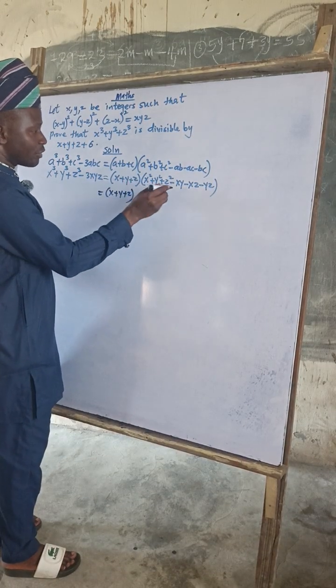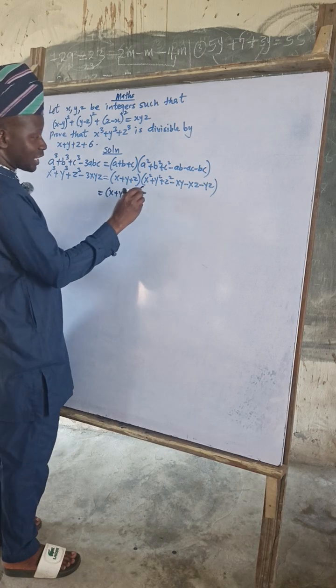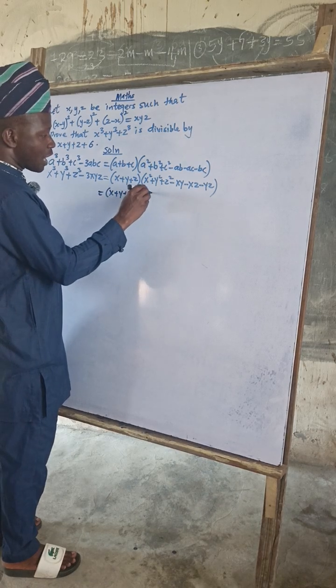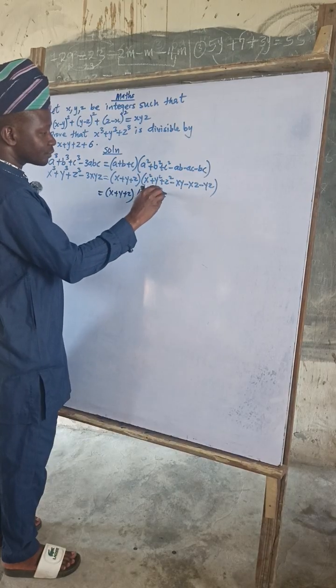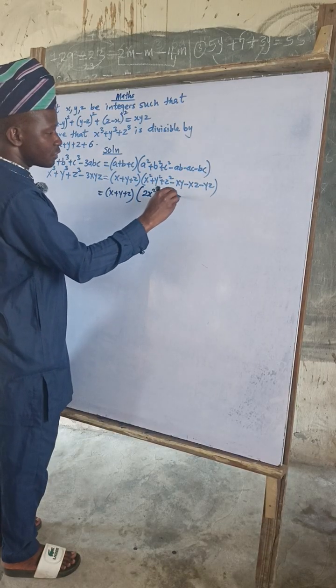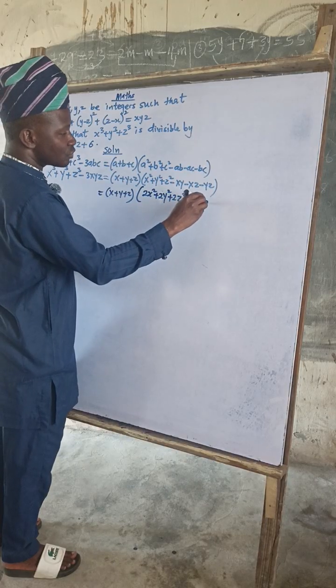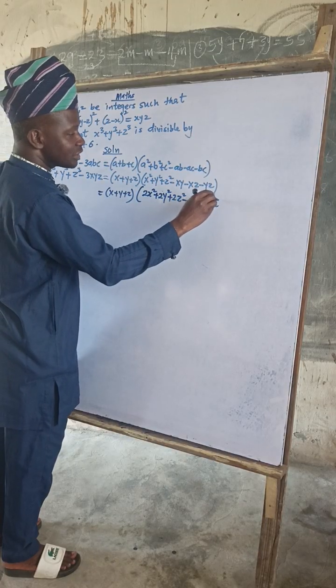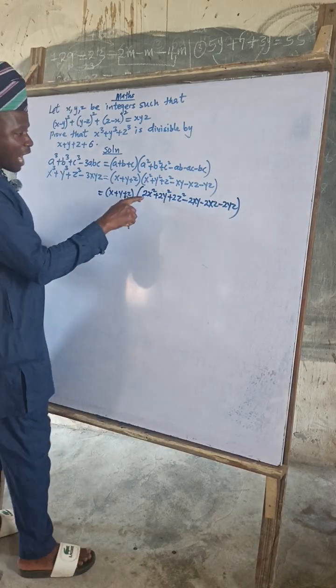That 2 that we are using to multiply, I will take it inside. That is, we have 2x squared plus 2y squared plus 2c squared minus 2xy minus 2xc, then minus 2yc. So now I've multiplied by 2.